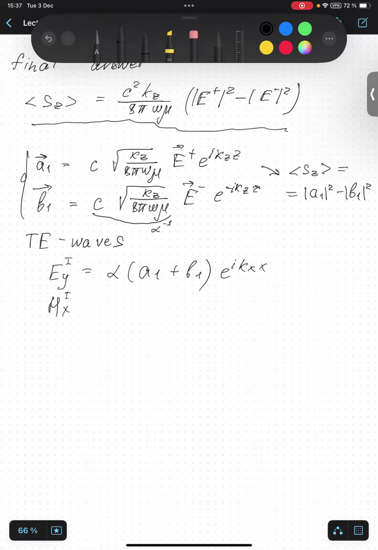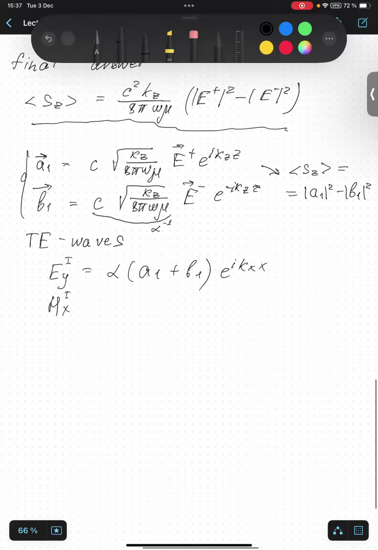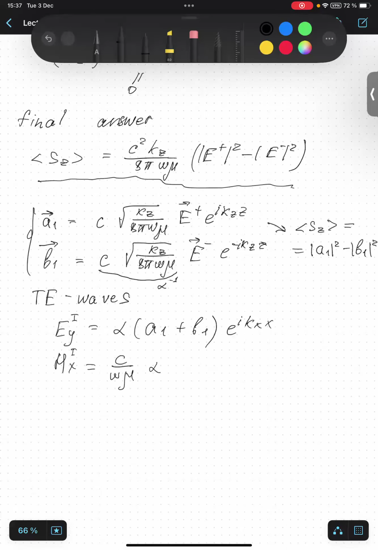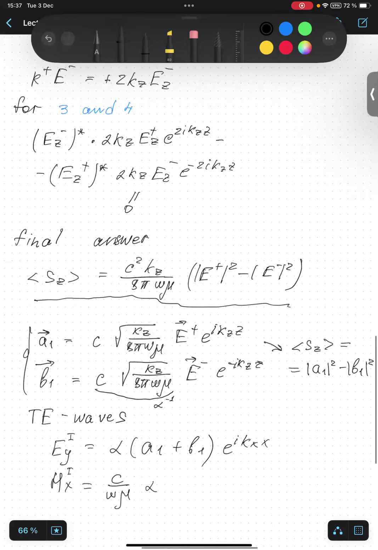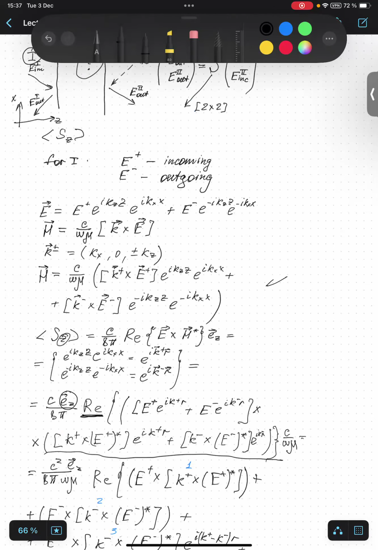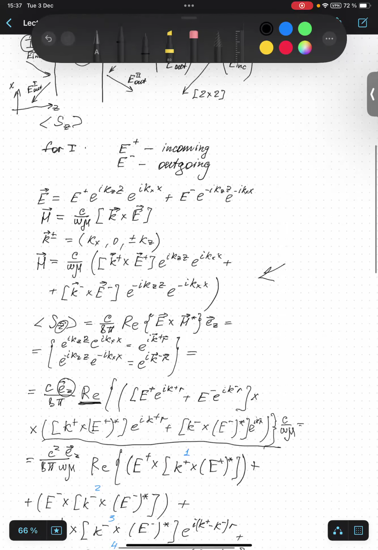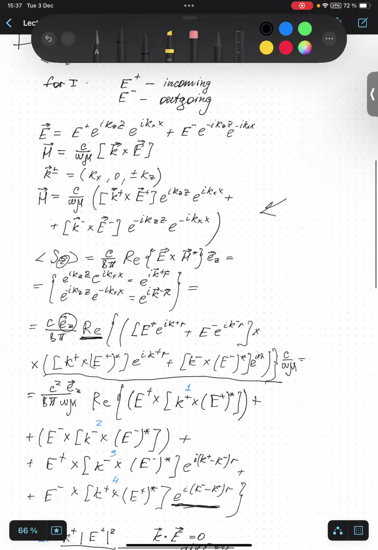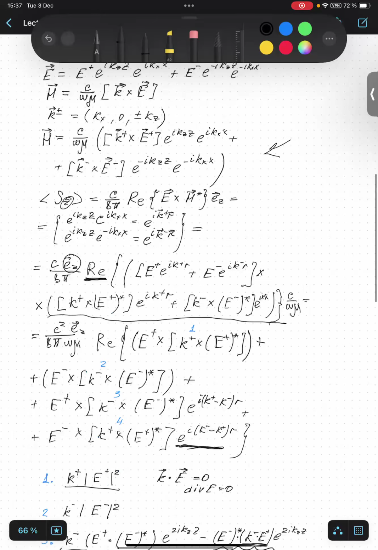We have two independent components of the magnetic field, as you remember, and now we are interested only in the x component. c over mu alpha, and here we have, from this equation, we should multiply the wave vector by the electric field.